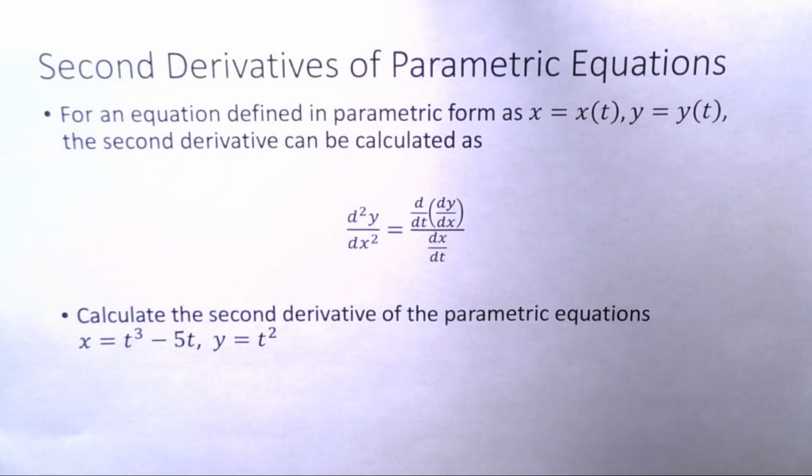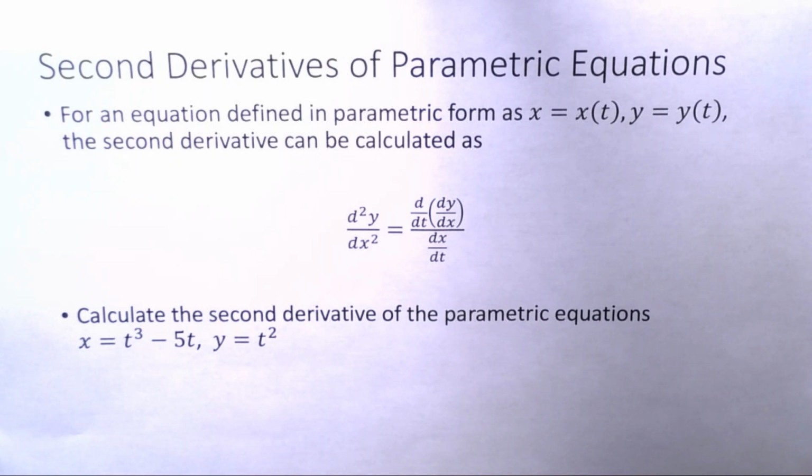So taking another derivative in terms of t is insufficient, as, again, our variables are different. So for parametric equations, in addition to taking another derivative with respect to t, we also have to divide that by the derivative of x with respect to t. And from that, we get our second derivative.